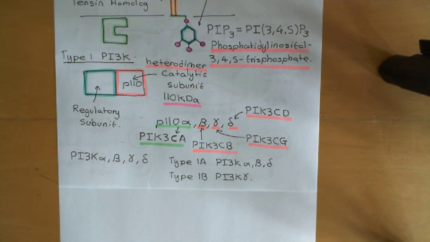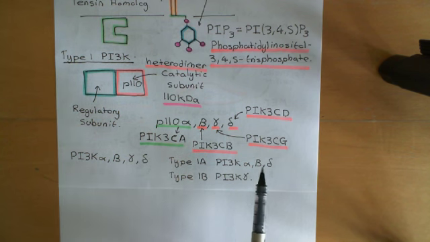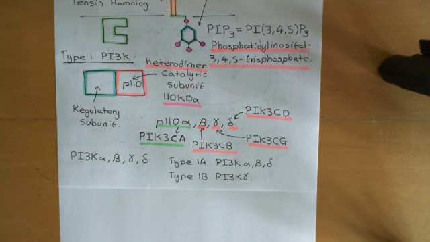Okay, and we've then discussed that the type 1 PI3 kinase enzymes can then be further divided into type 1a PI3 kinase enzymes, which are the PI3 kinase alpha, beta, and delta, and these ones are all going to have certain regulatory subunits that can bind to them, and this regulatory subunit is also going to be able to bind to receptor tyrosine kinases, and therefore these type 1a PI3 kinases are going to be activated by receptor tyrosine kinases.